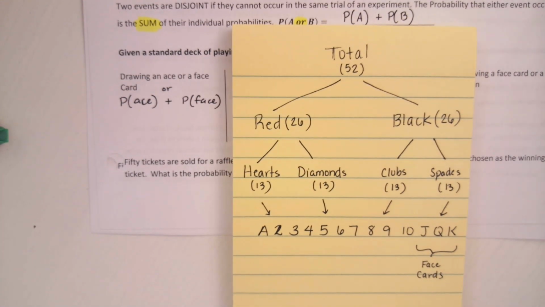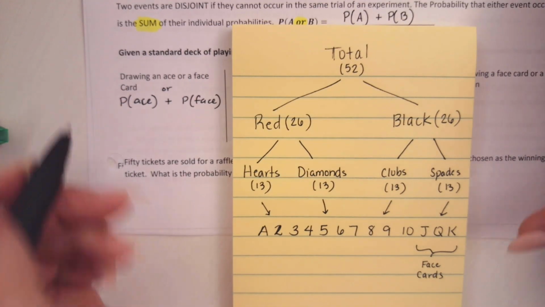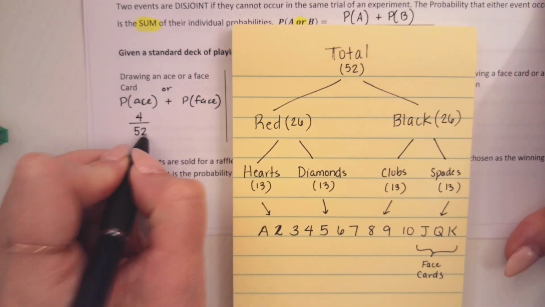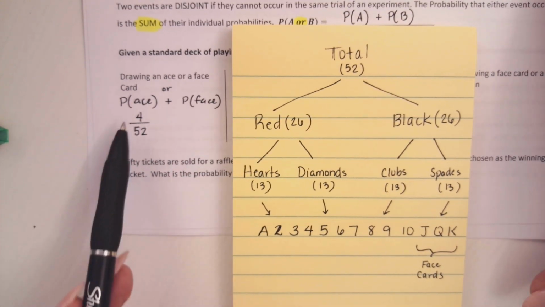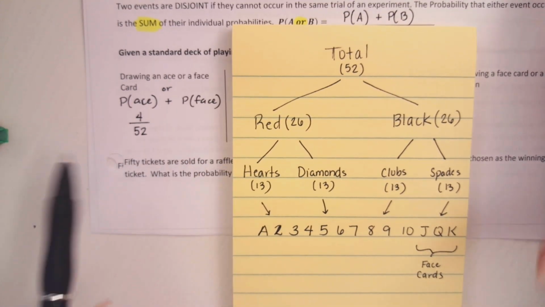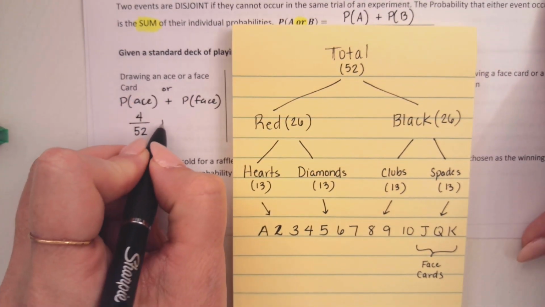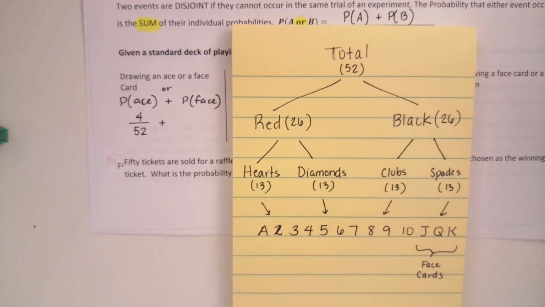Okay, starting with just probability of getting an ace. How many aces are there? There's 4 aces. Out of how many total cards? 52. And I usually won't simplify until the very end, because sometimes if you simplify first, then it's more annoying to add them. And then or tells me I'm going to need to add face cards. How many face cards are there? There's 3 for each suit.